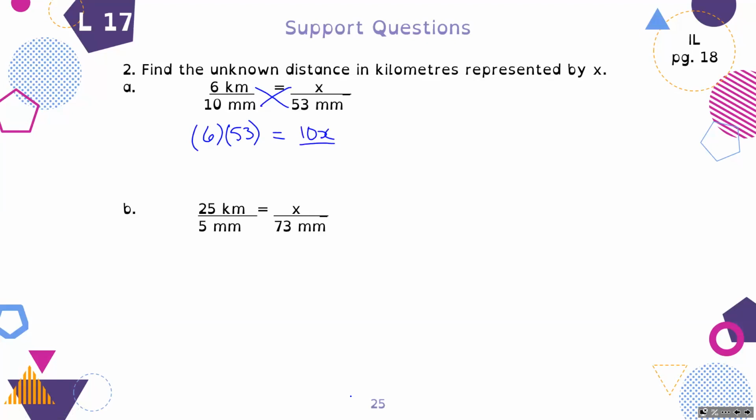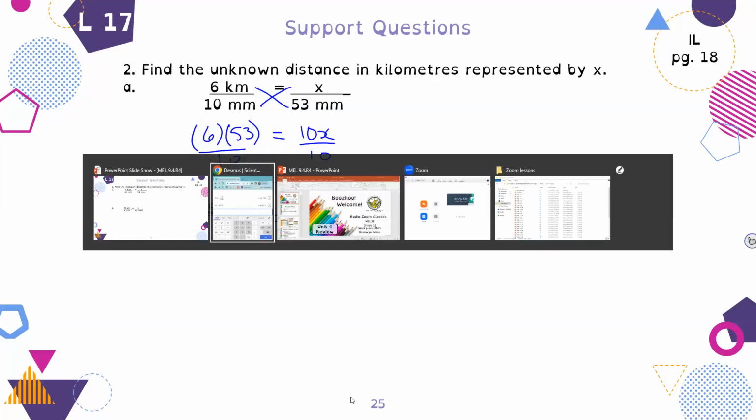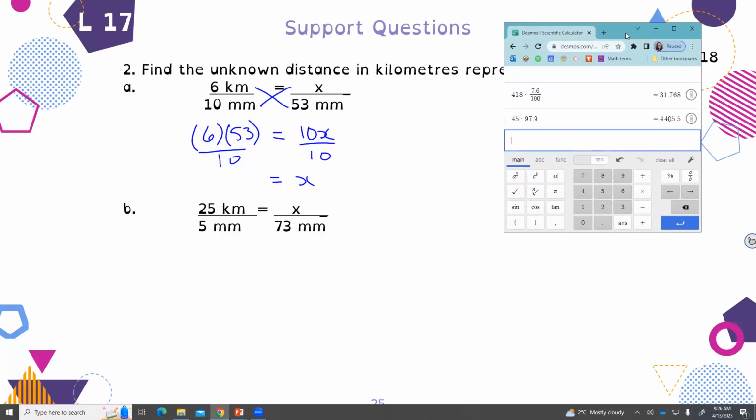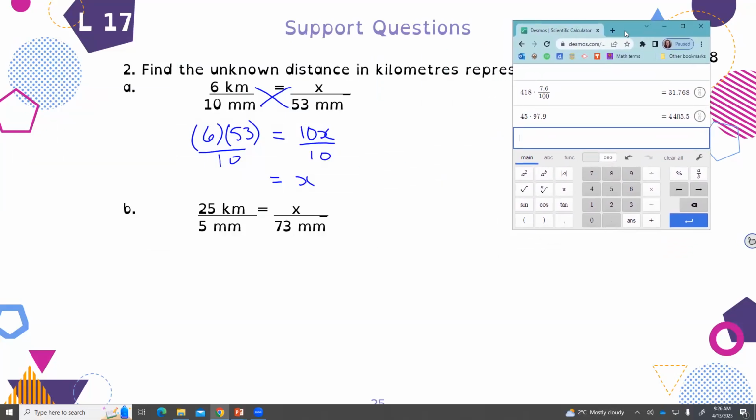And then we're going to divide both sides by 10. So using our calculator, 6 times 53 divided by 10 is equal to 31.8. So the distance that this 53 millimeters represents is 31.8 kilometers in real life.